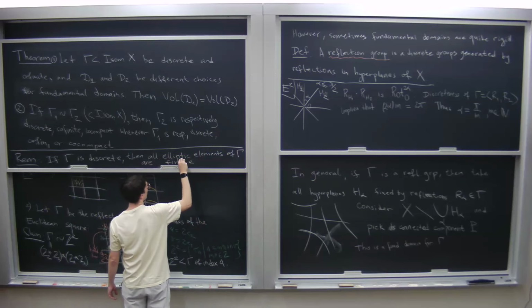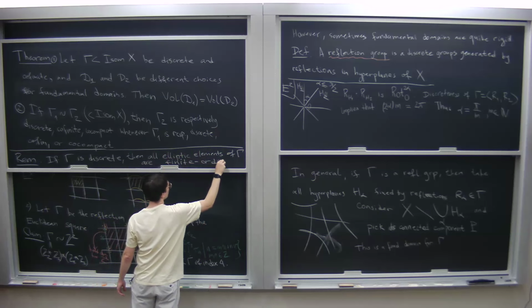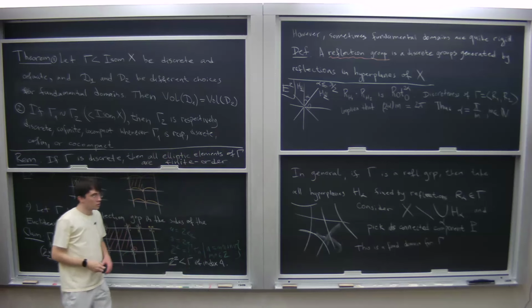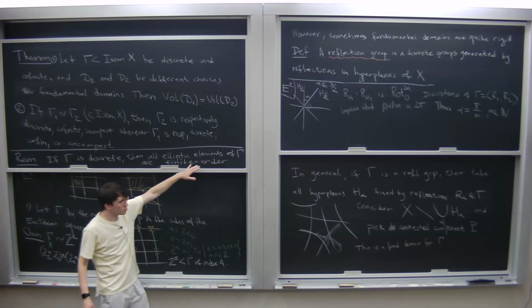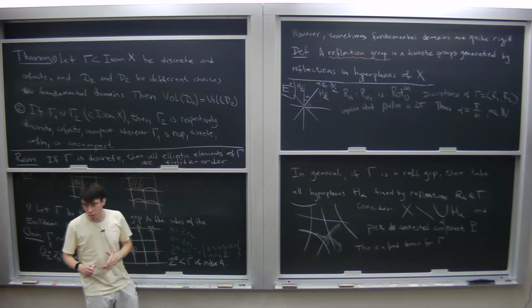Generally, as I told you, elliptic elements can be of infinite order, but if this is an element of a discrete group, it should be of finite order.